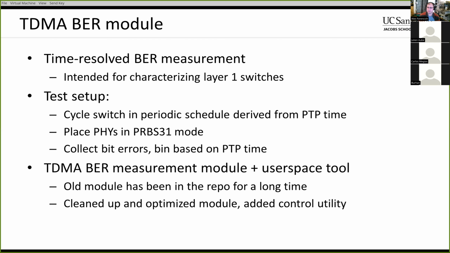So currently it's set up to run the PHYs in PRBS31 mode, but I've actually come up with a couple of other potential ideas for not looking at the bit error directly, but looking at some alternatives to the bit error information that might enable you to use this without placing the PHYs in PRBS31 mode.